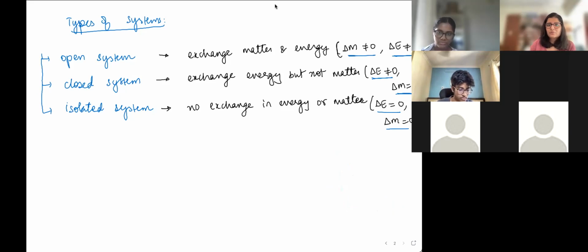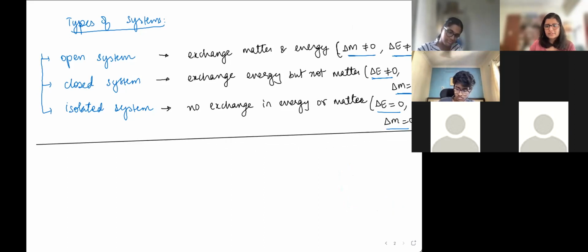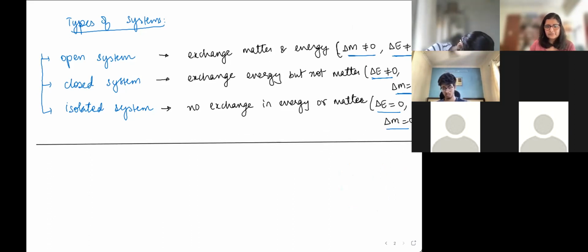Okay. Now comes properties. Let's talk about properties. So this is system, surroundings, the general overall picture. Now let's get into the system. Inside the system you might have chemicals, gases, water, whatever, some matter will be there. You use some properties. You have physical properties, chemical properties, all of that, right?